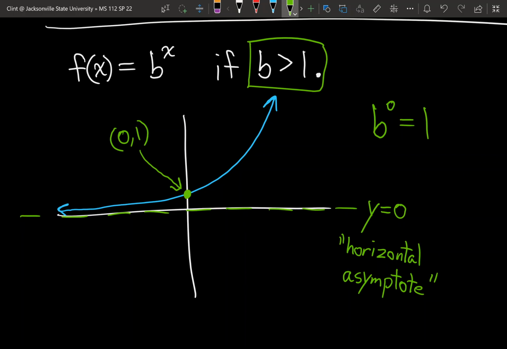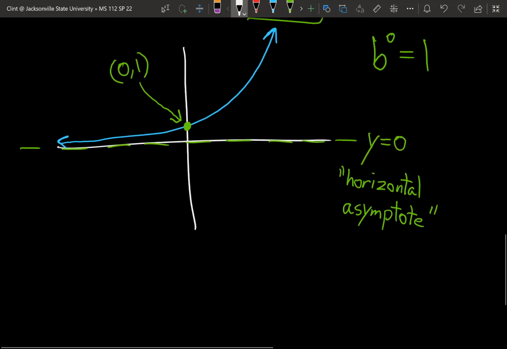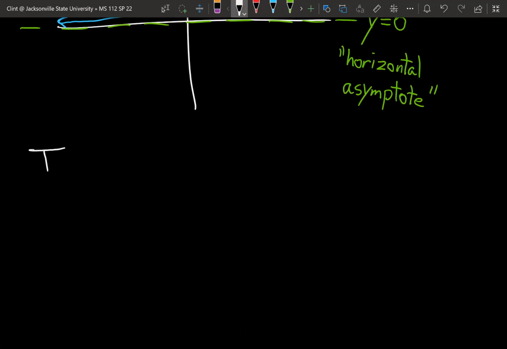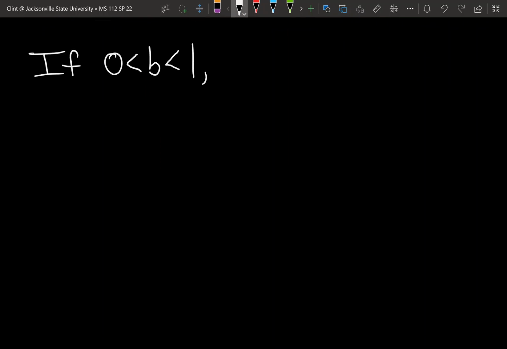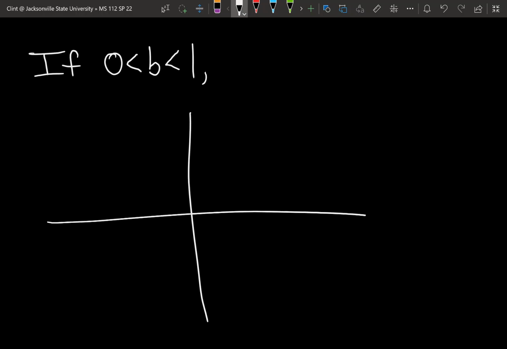If our base is smaller than 1, so between 0 and 1, it's going to look almost the same with one difference.